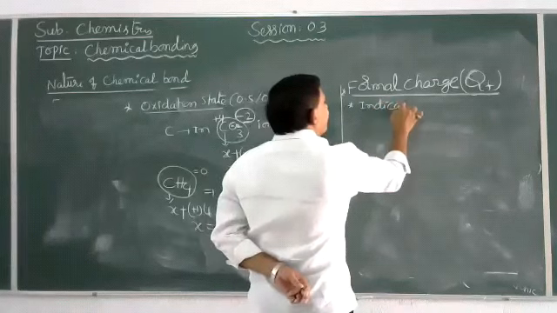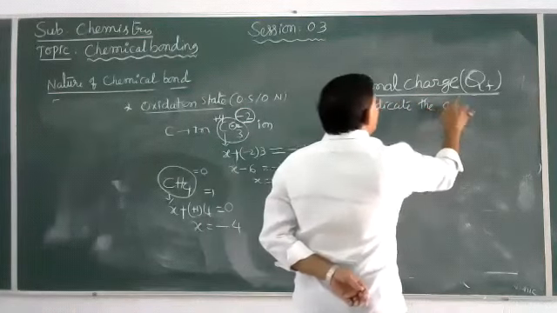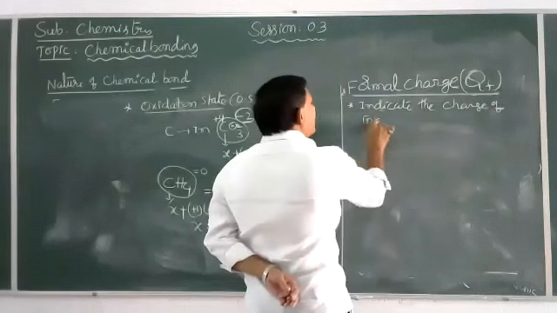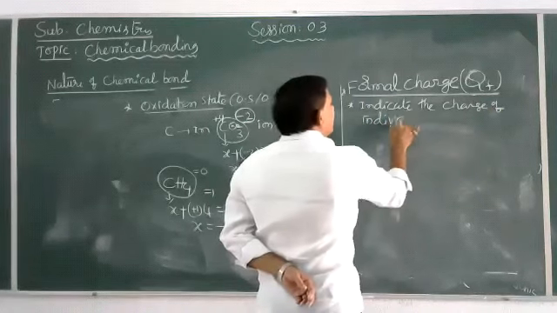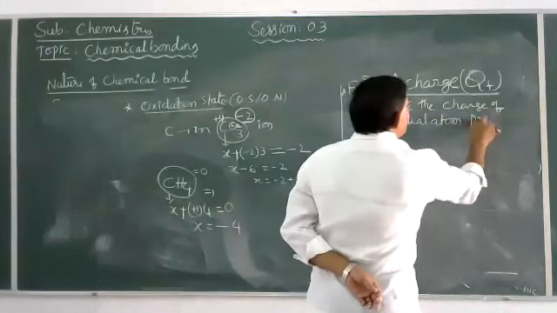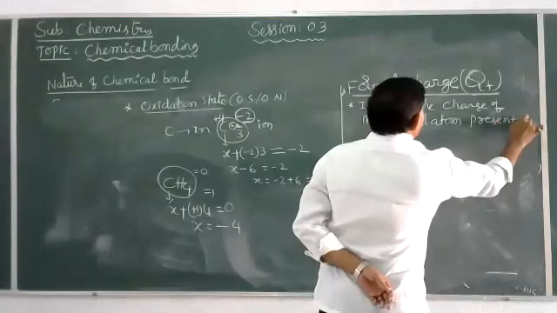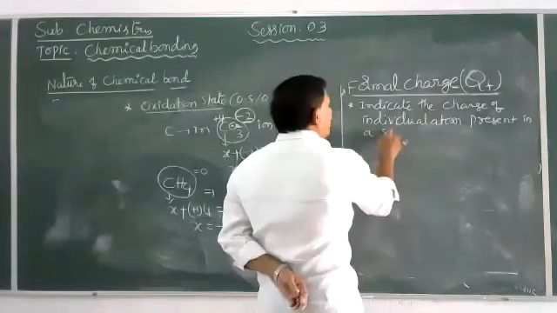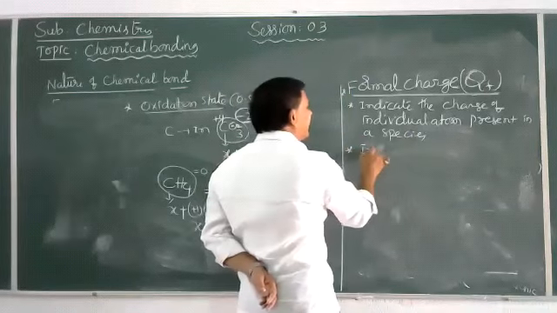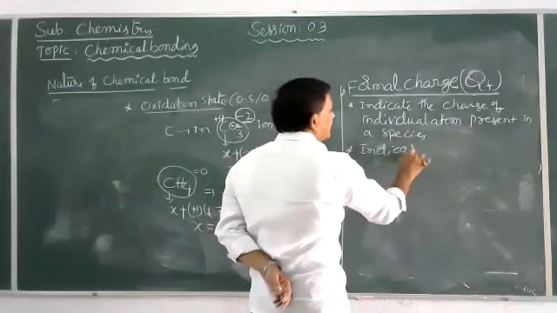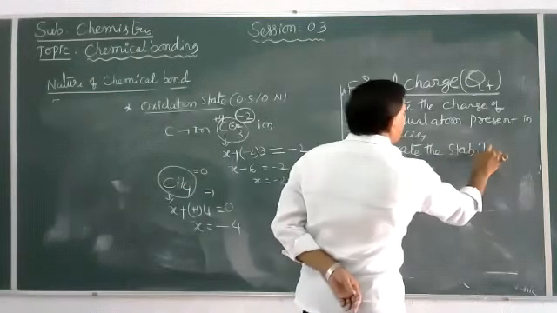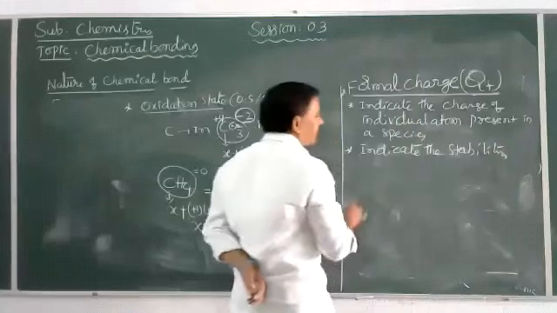Now this formal charge indicates the charge of an individual atom present in a species. It also indicates the stability of the species.